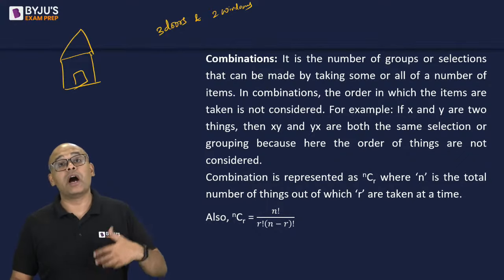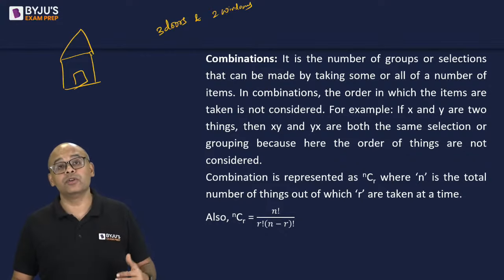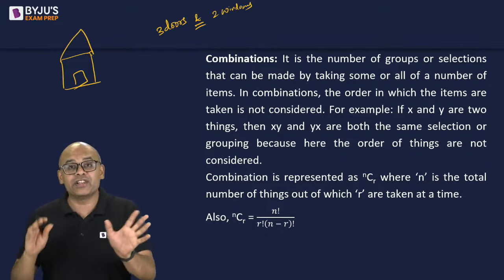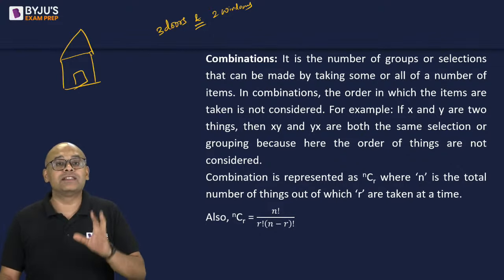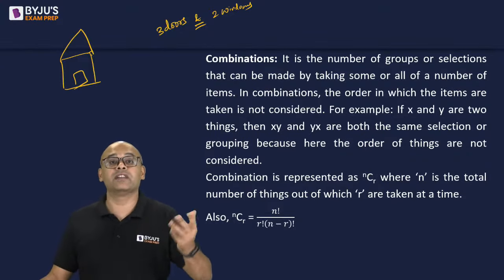Now the question is, how many ways can the person enter the house? Now please don't get confused by this "and". This is the English "and", not the question "and". Leave it aside. So the house has 3 doors and 2 windows. How many ways can the thief enter the house?